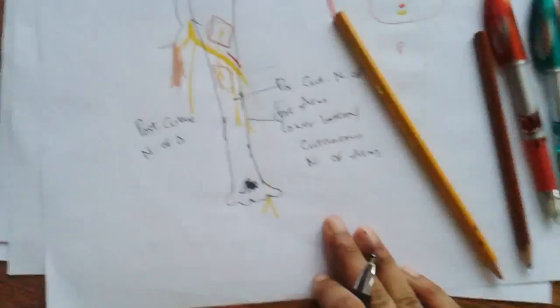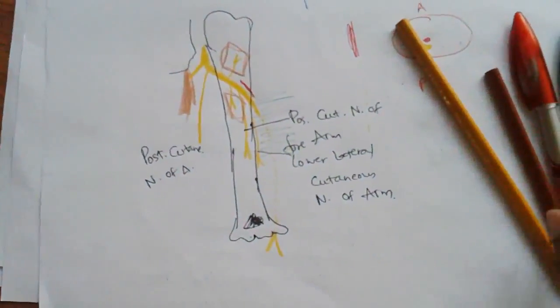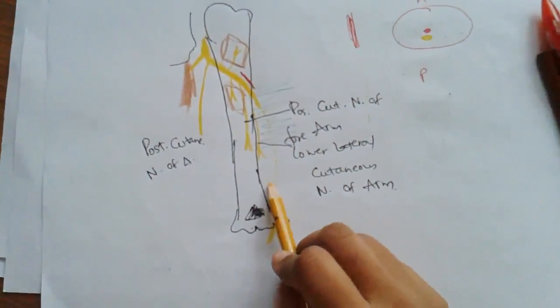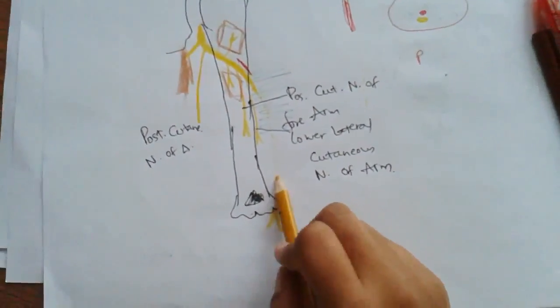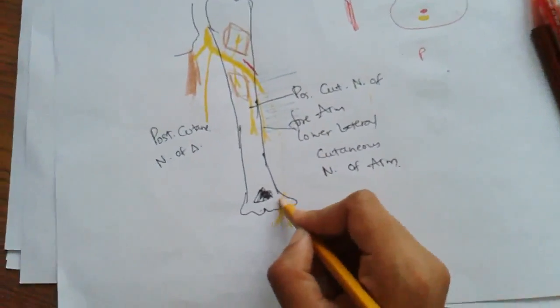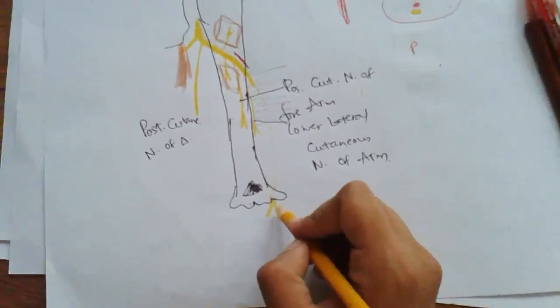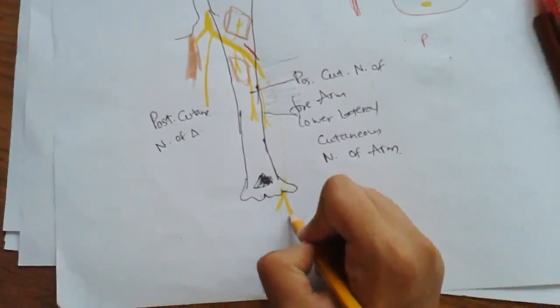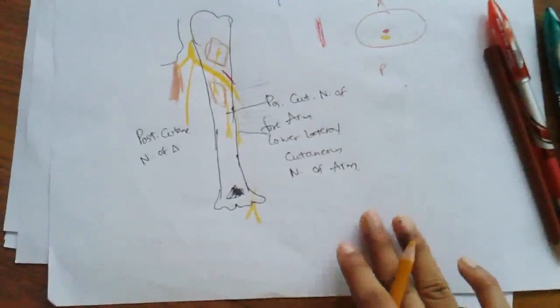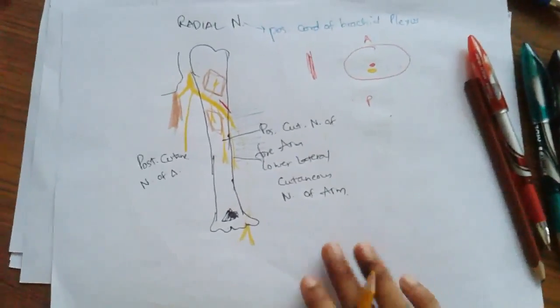Okay, now in the anterior compartment it gives branches to brachialis, brachioradialis and extensor carpi radialis longus, which you will be learning in extensor compartment, and then it gives some articular branches to elbow joint, and it then divides into two terminal branches, that is superficial radial nerve and the deep radial nerve. All this is the course and branches of radial nerve, which is very easy.